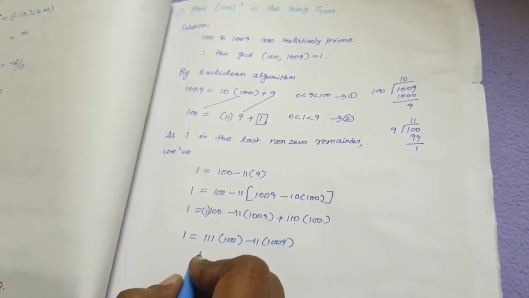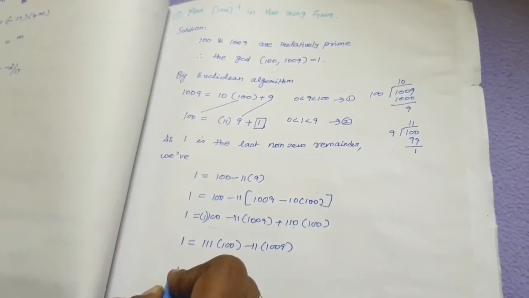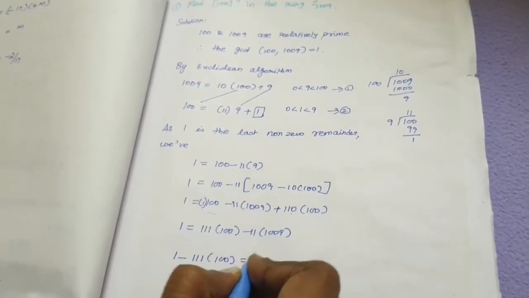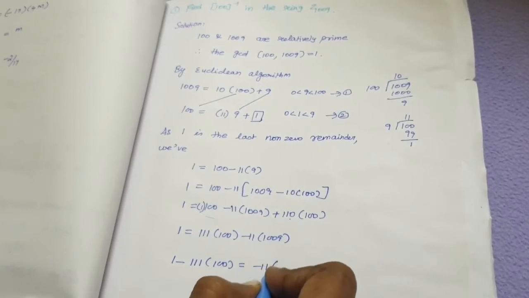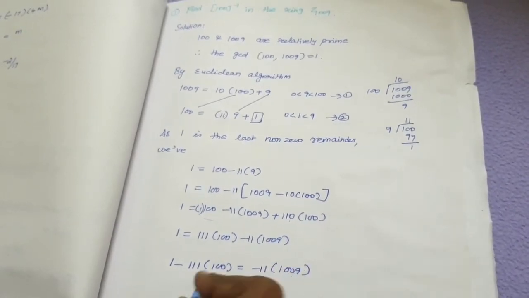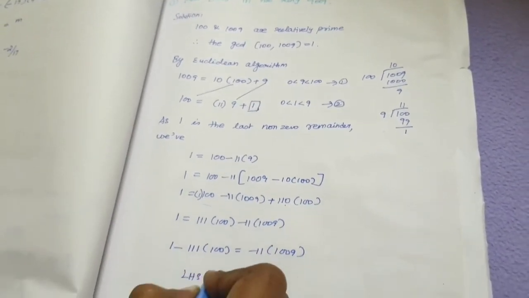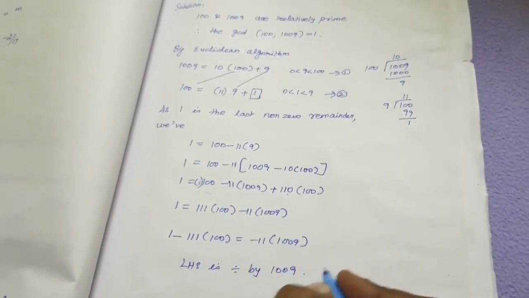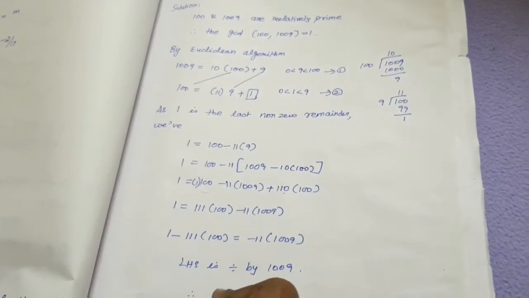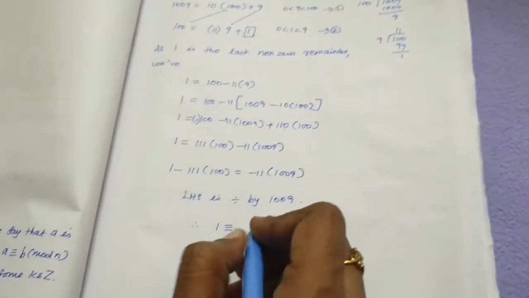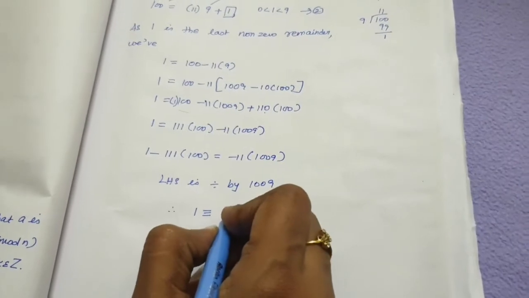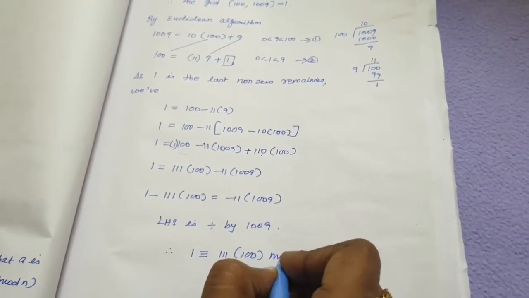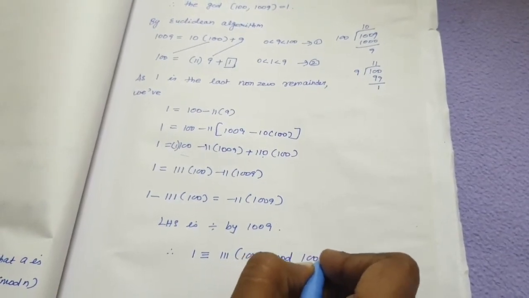So this may be written as 1 minus 111 times 100, which is equal to minus 11 times 1009. The left hand side is divisible by 1009. Therefore 1 is congruent to 111 times 100 mod 1009.